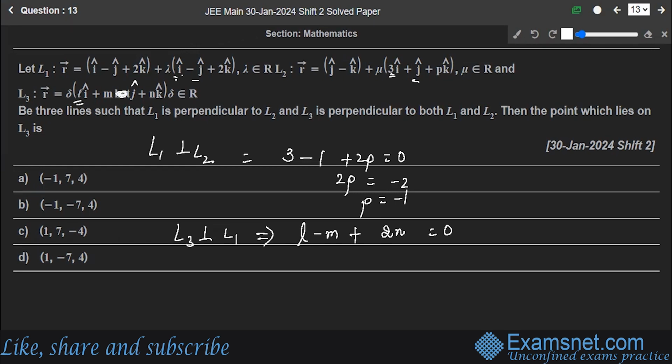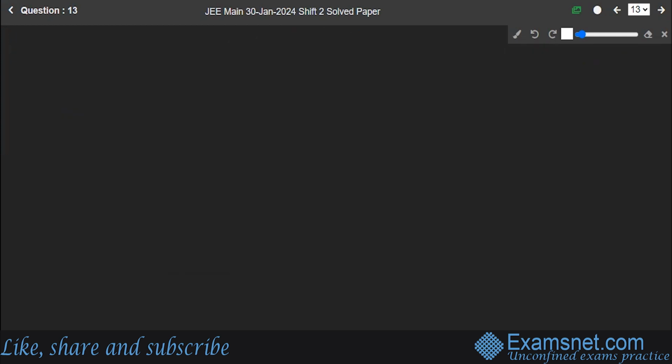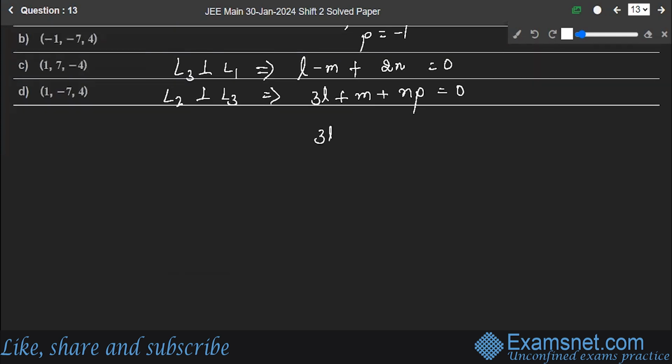Okay. Also, you are having L2 is perpendicular to L3. So that makes 3l plus m plus n into p is equal to 0. Or you have 3l plus m, p was equal to minus 1, minus n is equal to 0.